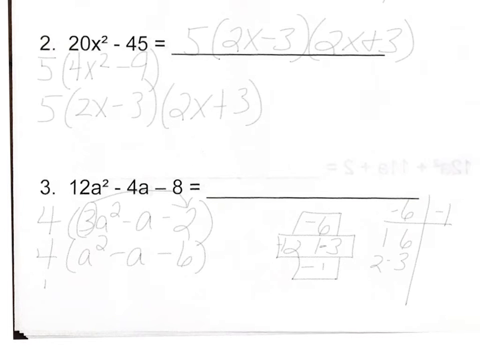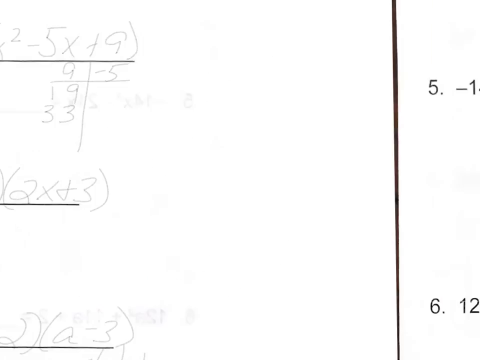So it would be 4, a plus 2, a minus 3. So we have 4, a plus 2, a minus 3. So do you see how we've had 3 different kinds of problems here? We've had our perfect square, and then we've just had our basic factoring problem. Okay, let's move on to number 4.